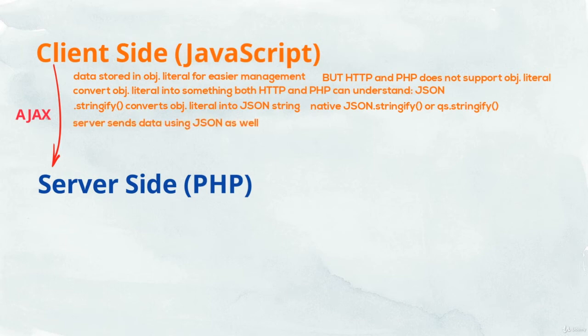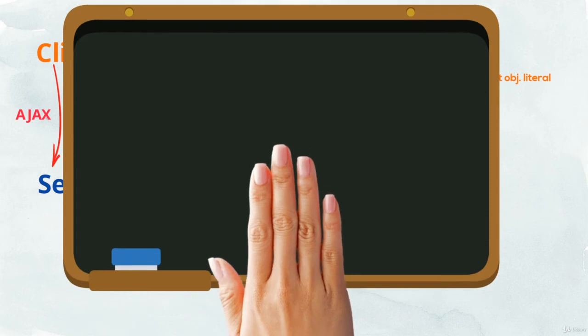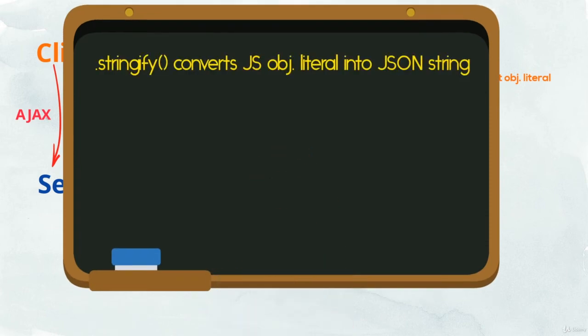The server side also uses JSON to send data to the client side. To convert a JSON string back into a JS object literal, we need the parse method. Just like stringify, parse comes from two places, JSON or QS. A little summary here. Stringify converts JS object literal into JSON string.